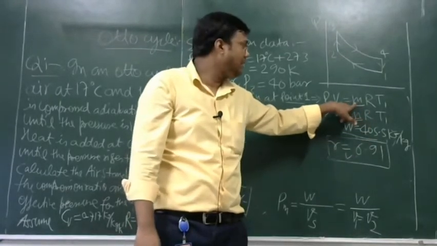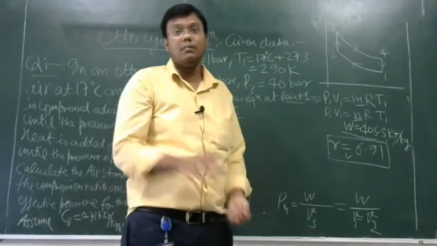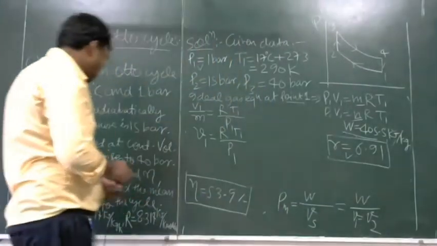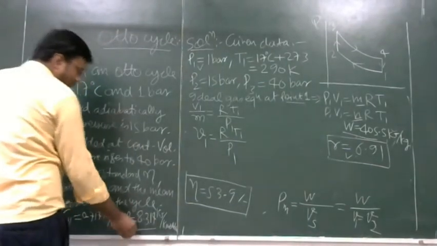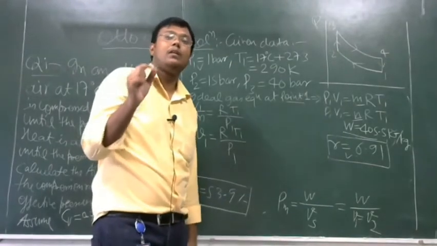But here we are writing mRT, where m is mass, so R is the particular gas constant. We cannot use the universal gas constant; we have to use the particular gas constant for air.